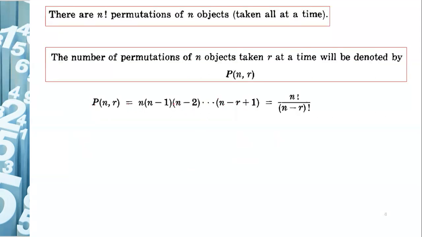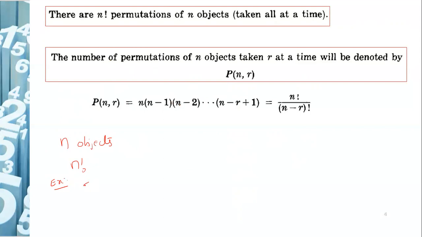The first one shows there are n factorial permutations of n objects. It's very simple. If you want to arrange n objects in a row, that can be done in n factorial ways. In the first example, I have four books, and four books have to be arranged on a shelf.